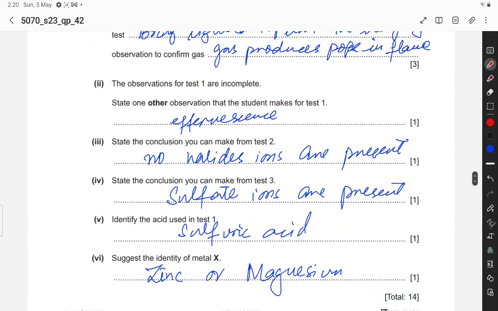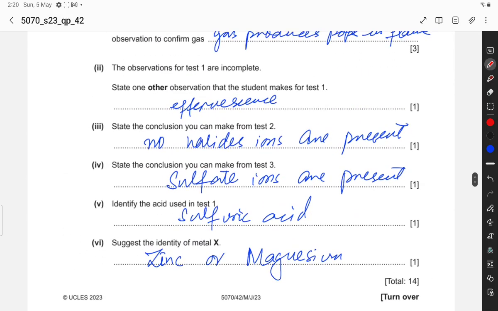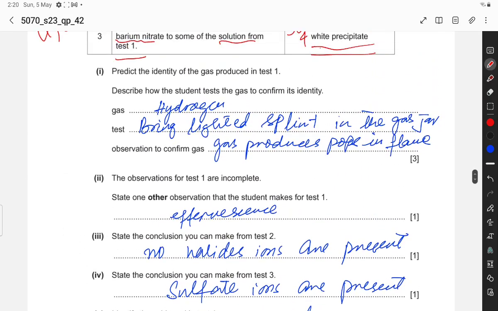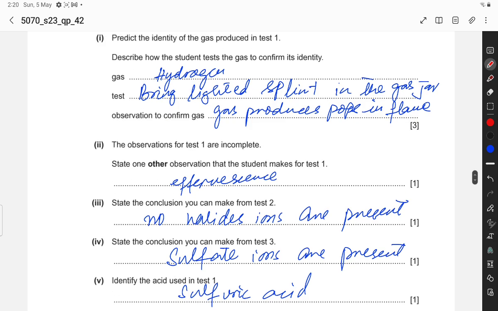This means it is exothermic and hydrogen gas is evolved. Bring a lighted splint to the gas jar. The gas produces a pop in the flame.